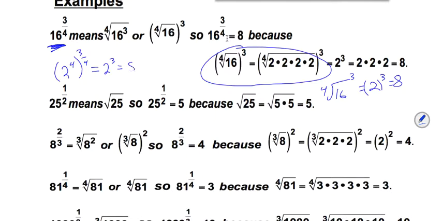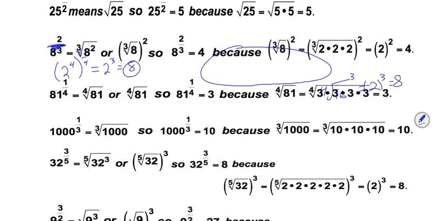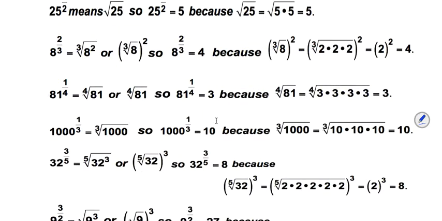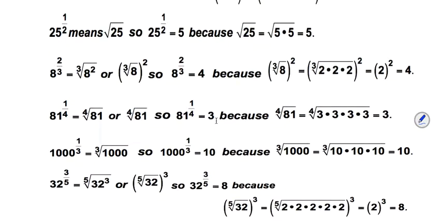And 2 to the third is 8. So another way to do it is just to write them out in exponent form. And you can look at the logic for all of these and how they are worked out if you want to see some more specific examples. But for the most part, guys, you can work this out however you'd like.